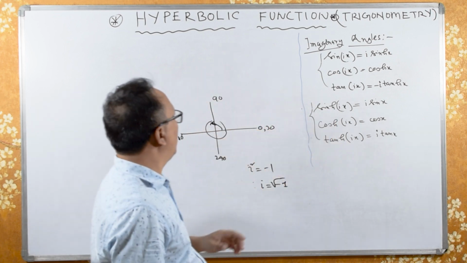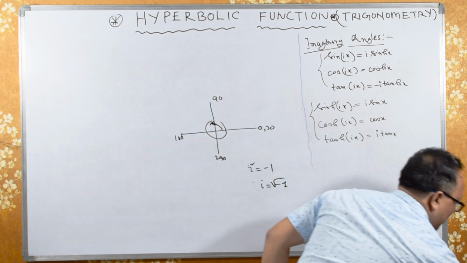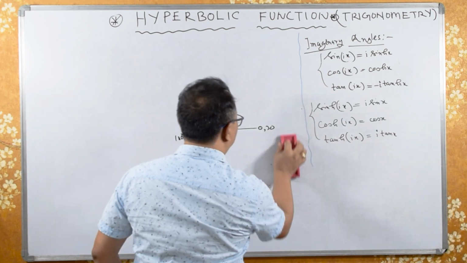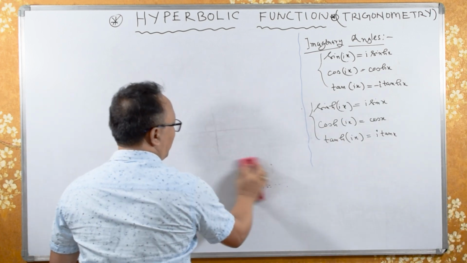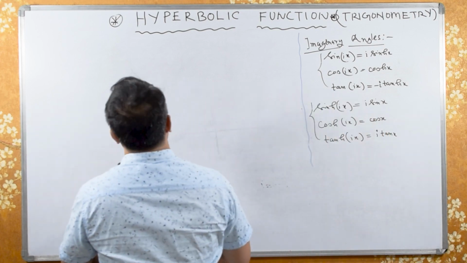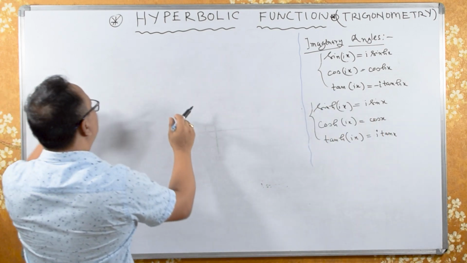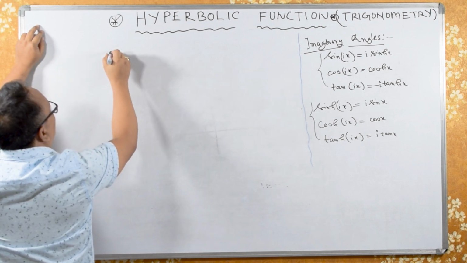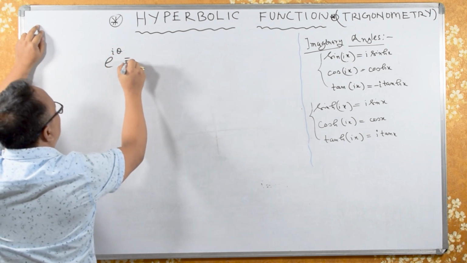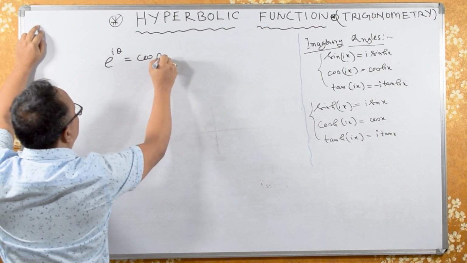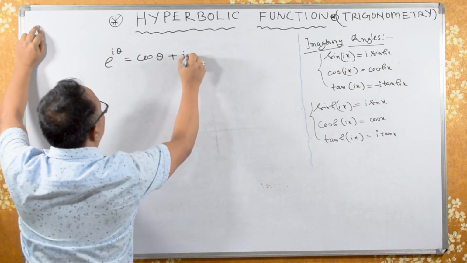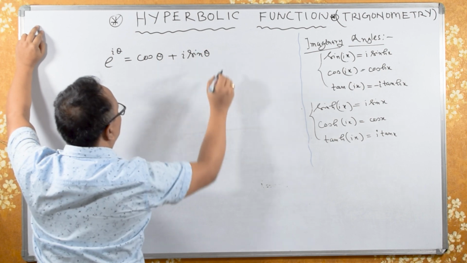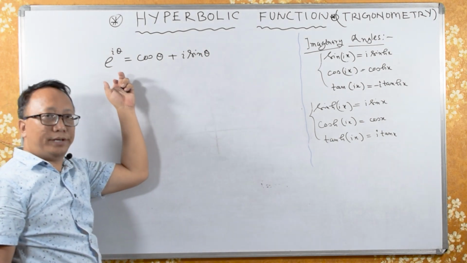Now let's prove some other way by Euler's formula. By Euler's formula we have e raised to i theta equals cos of theta plus i sine of theta. This is by Euler's theorem.